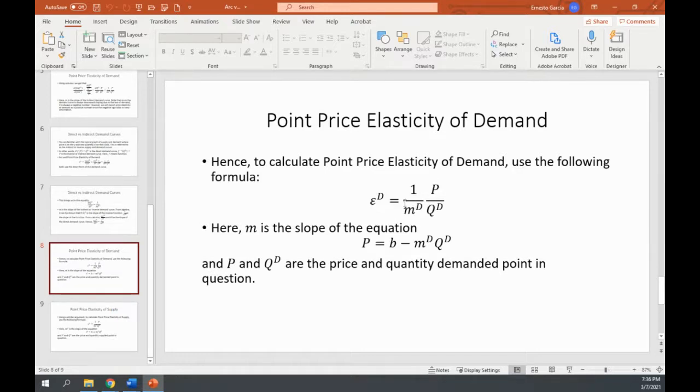And again, this m superscript d comes from this equation, the demand curve: P equals B, which is the y-intercept, or price intercept, minus m superscript d times Q. The minus is the downward-sloping nature of the demand curve, m superscript d is the slope, and then quantity demanded.